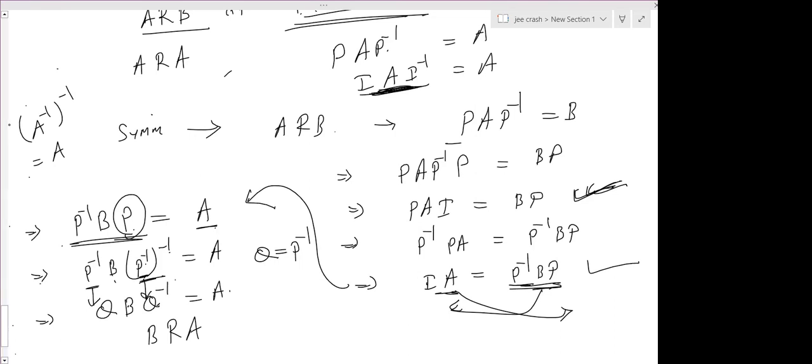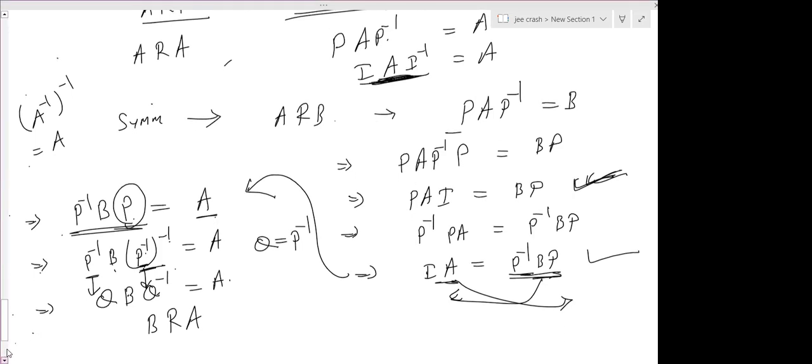All right. Sir, this relation will be transitive. Okay, this is transitive. Absolutely correct.